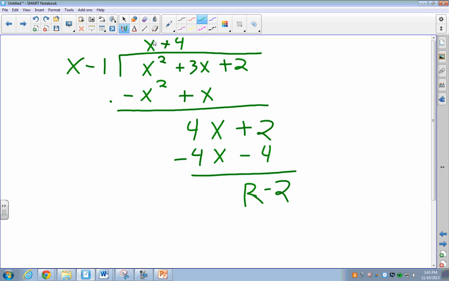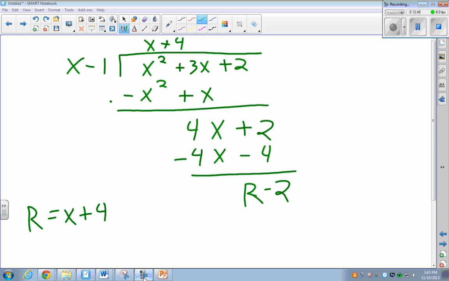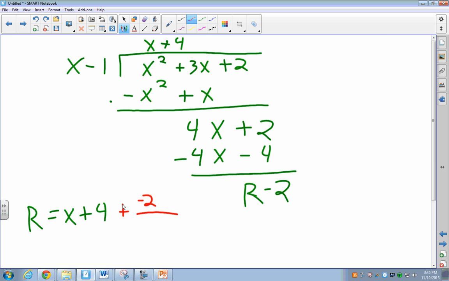Okay, so we can rewrite our slant asymptote as r is equal to x plus 4 plus our remainder divided by our divisor. Now remember, as we go infinitely close, this remainder term is just going to be 0. And so our slant asymptote is just x plus 4.